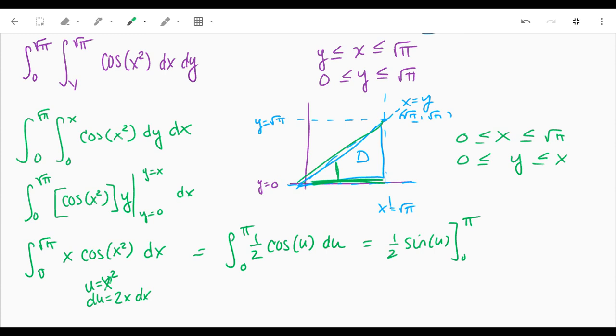Sine of pi is 0. Sine of 0 is 0. So we get 0. A little anticlimactic there, but we get 0.